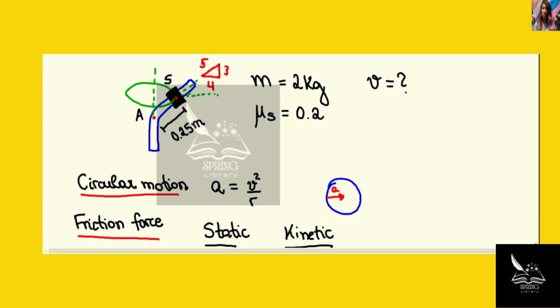This means that theta is such that the sine of theta is 3/5, while the cosine of theta is 4/5.